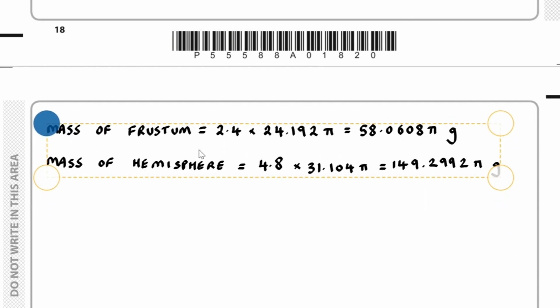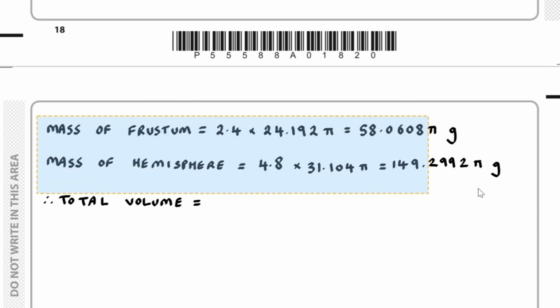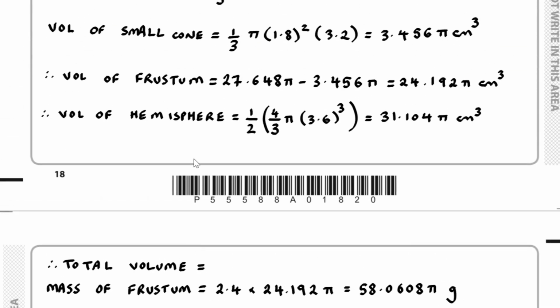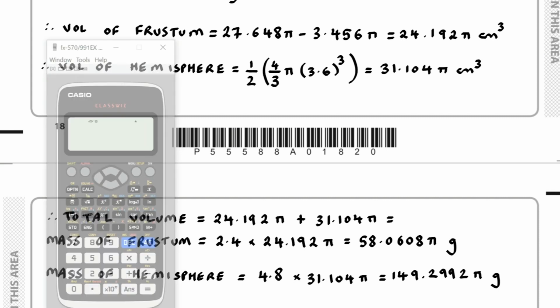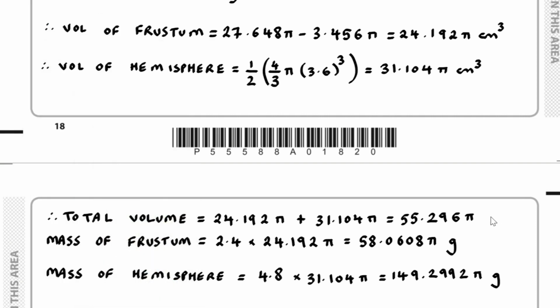So if I find out the total volume first, well, to find out the total volume, I need to add together the volume of the frustum, 24.192 pi, to 31.104 pi, and if I work out what this is, it turns out I have 55.296 pi. So that is the total volume.